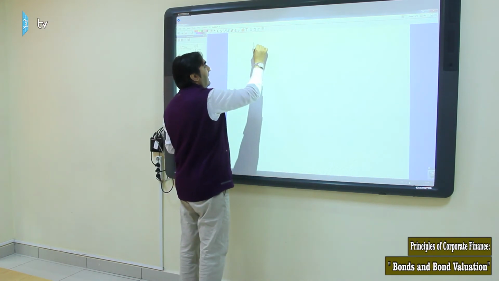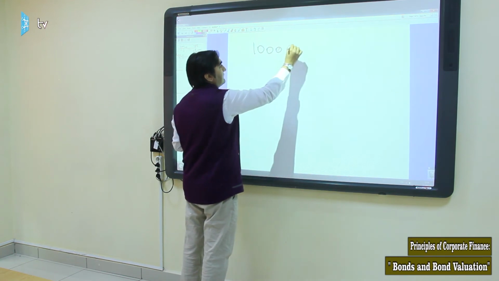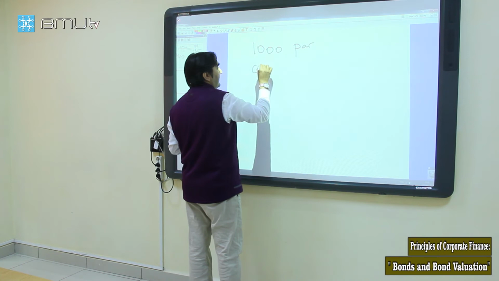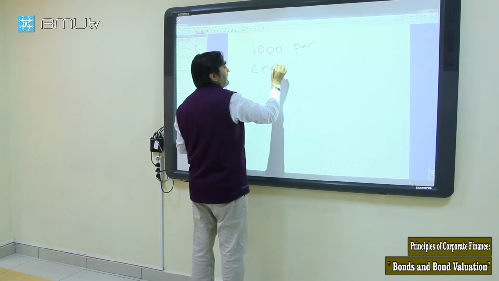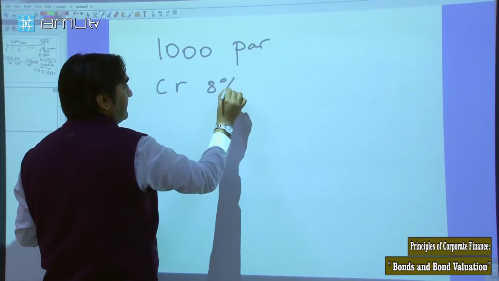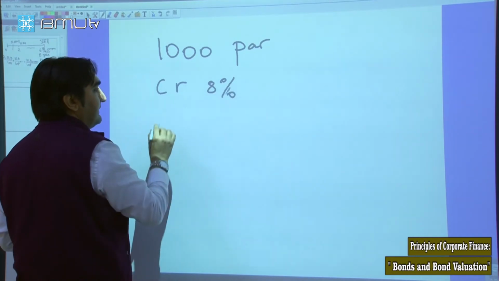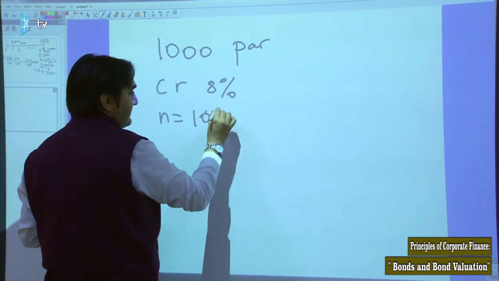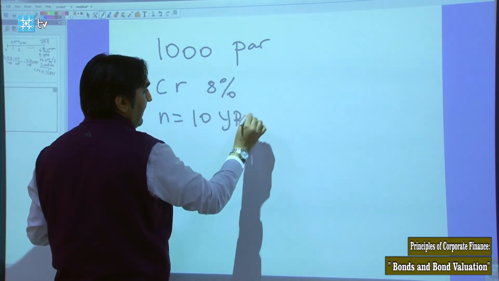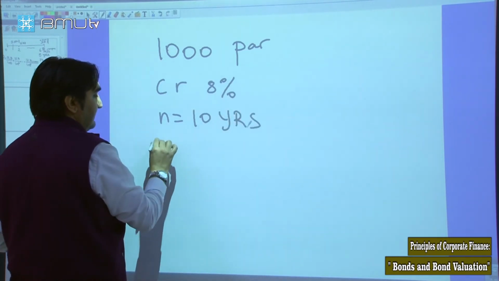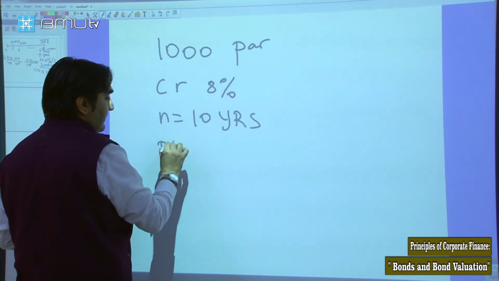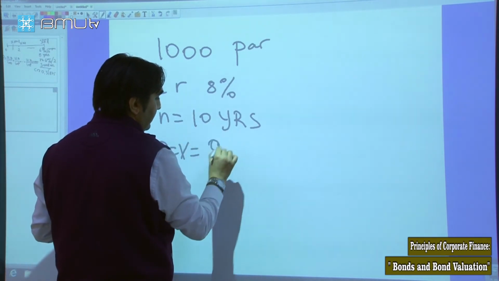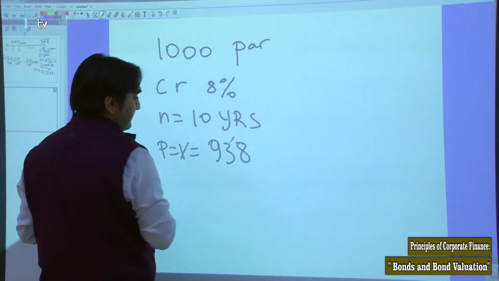Again, let's say we have a 1,000 par value bond at a coupon rate of 8% and maturity of 10 years. Let's say the price or value of the bond is $938.